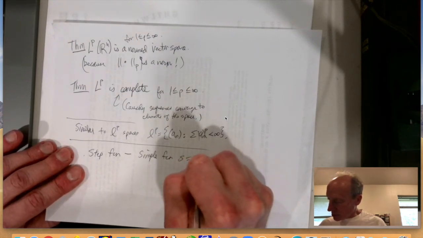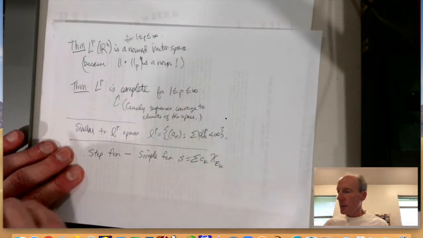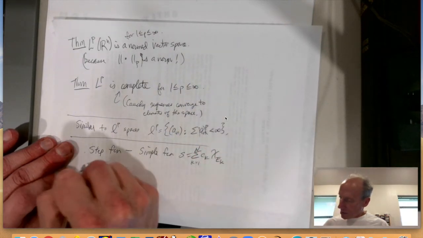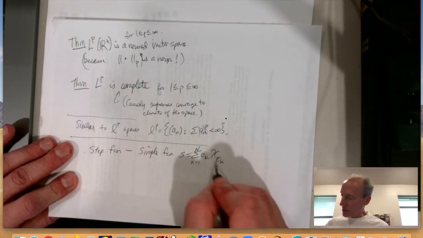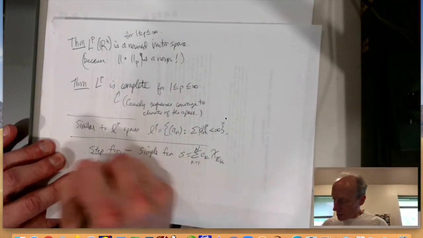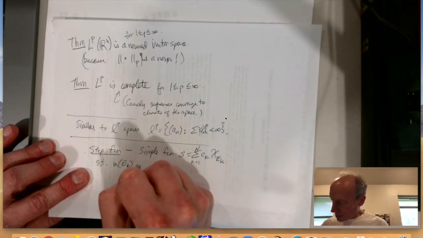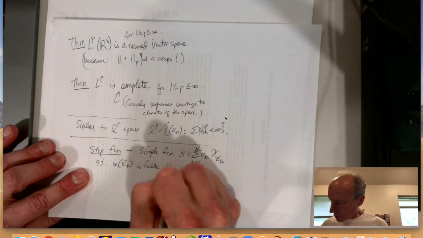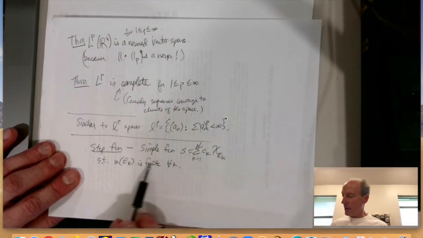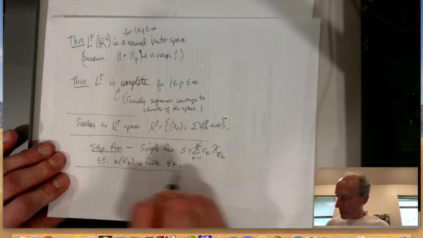Let's see, s equals the summation of c_k chi of E_k, k equals 1 to capital N. All simple functions look like that, where that's the characteristic function of the measurable set E_k, such that the measure of E_k is finite for all k. So for simple functions you can actually have sets of infinite measure in here, but not with a step function.